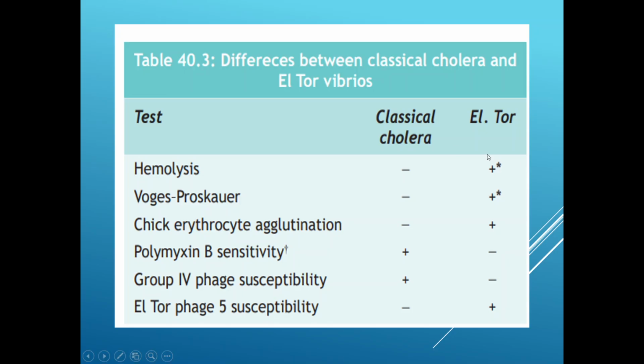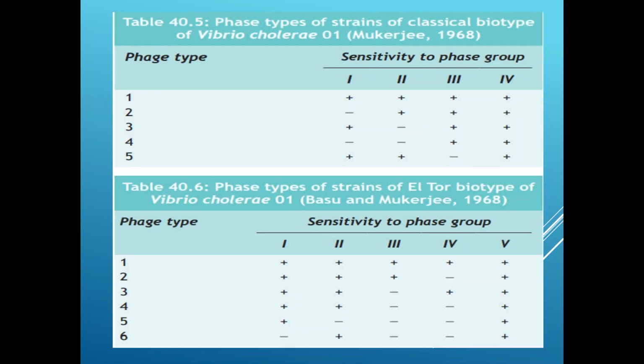You see different properties in these tests between classical Vibrio cholerae and El Tor Vibrio. The next classification of Vibrio cholerae is phage typing: 5 phage types of classical biotype of Vibrio cholerae O1, by sensitivity to different phage groups, and phage types of El Tor biotype of Vibrio cholerae O1, by sensitivity to different phage groups.